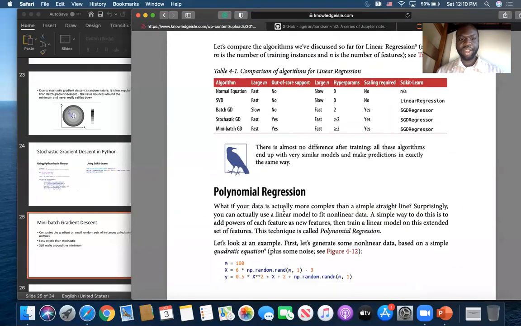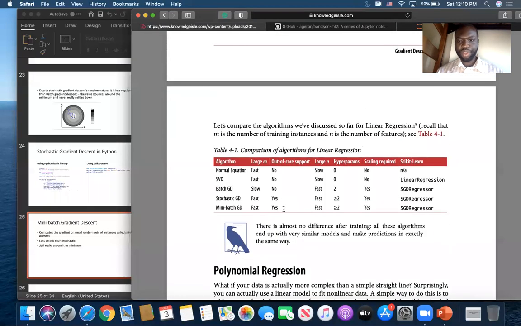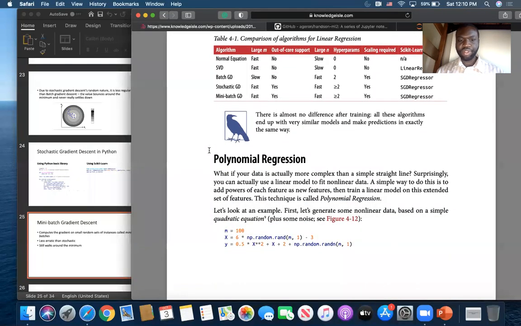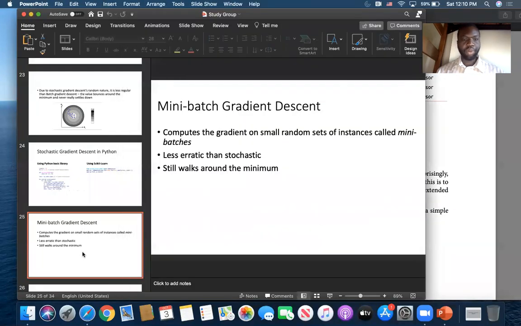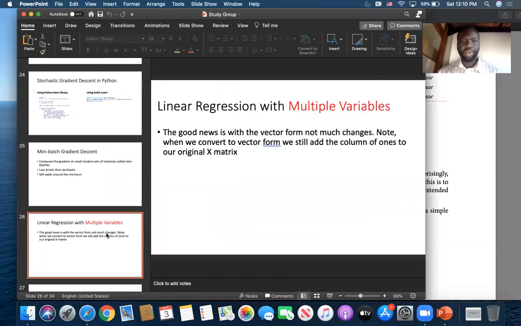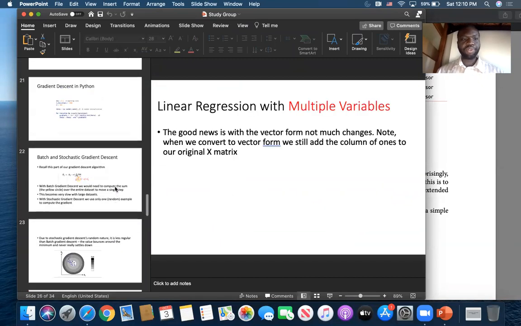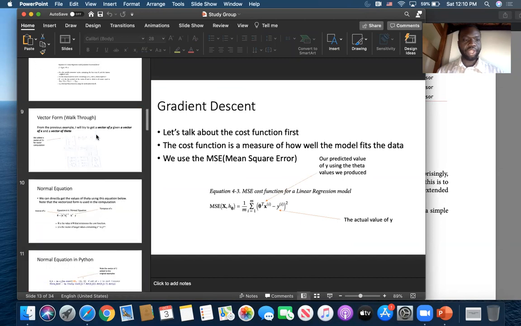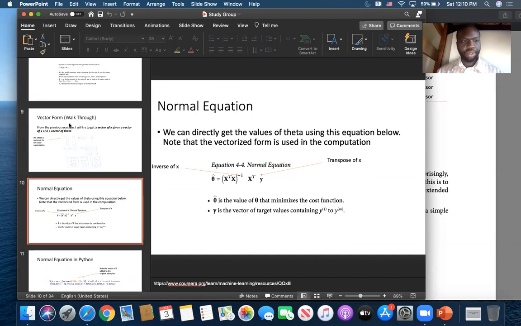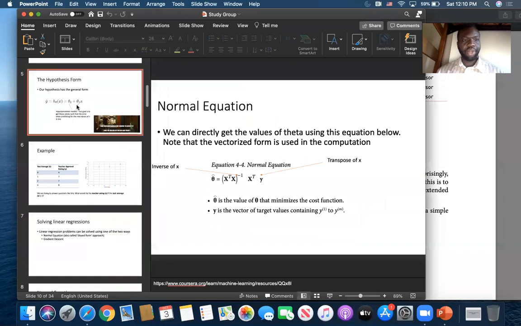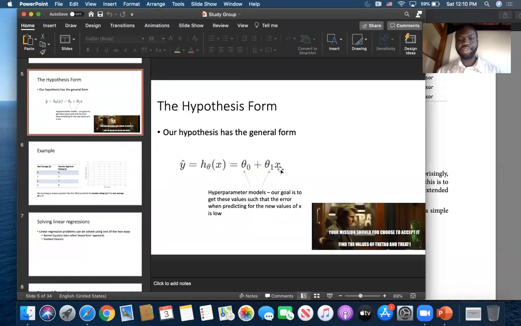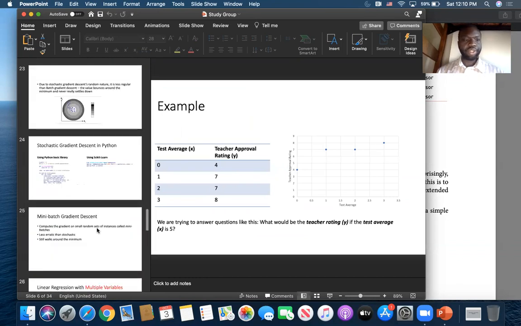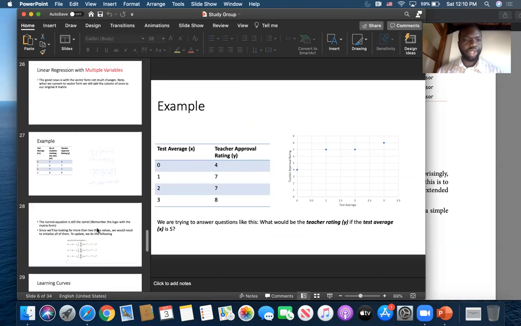Okay, this is where I had somewhat of a beef with him. He just jumped into this one. So the first one we've been doing so far is with one value of x. We only had one feature. But say I added more, like this one.